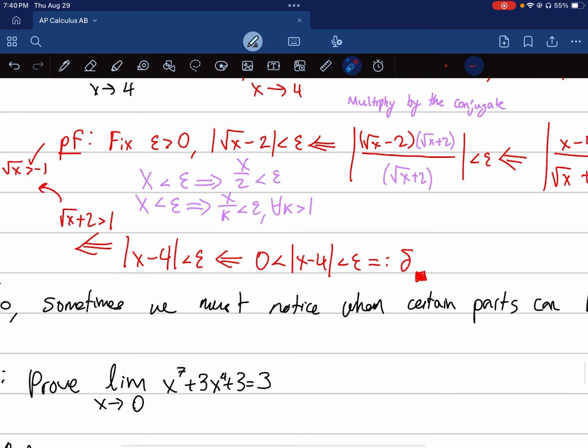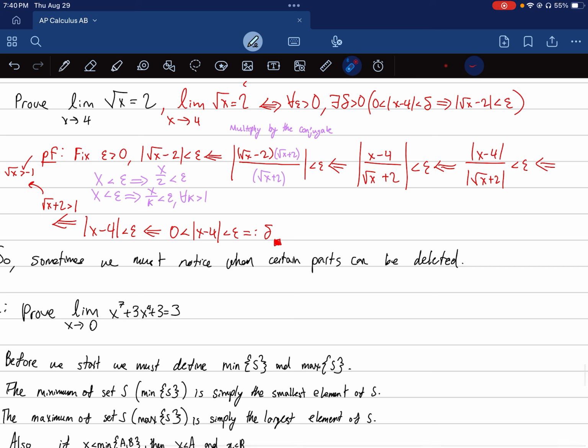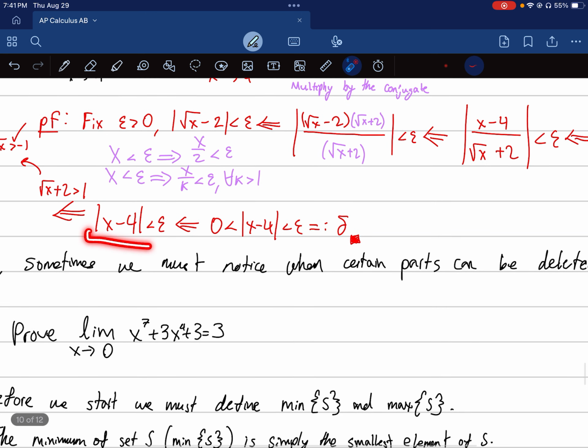And in this case, if you are a bit confused, I can explain it a bit more. This number is smaller than epsilon. We're working backwards, so how about we start here? Let's say this is true, x minus 4 is less than epsilon.